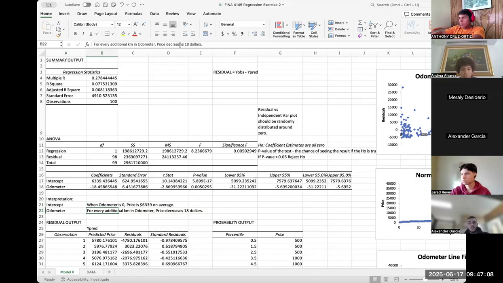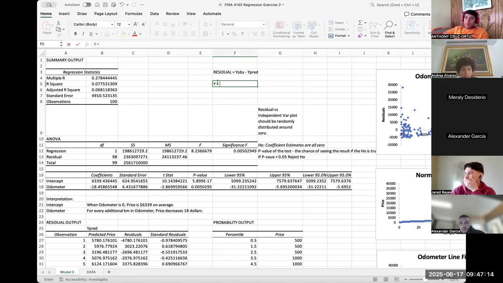So the result, if I was to write this out, the model is y hat, because it's a predictive model, equal to 6339 plus or minus 18x. I'll just leave it 18x. That's what we got.